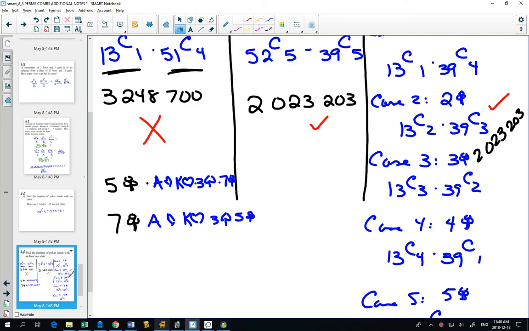That's why the third one works. The third one works as cases because there's no overlap there. We're choosing 1 club, we're not choosing other clubs. Then we're choosing 2 clubs and then not choosing clubs in the second one. And so therefore each of those counts what we want it to and it adds up correctly.